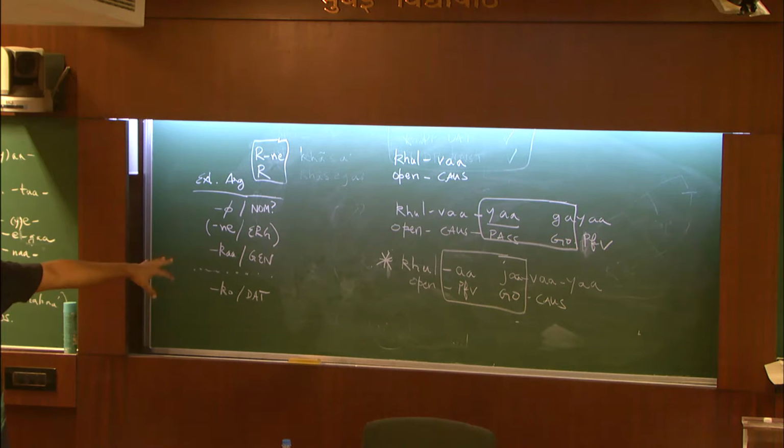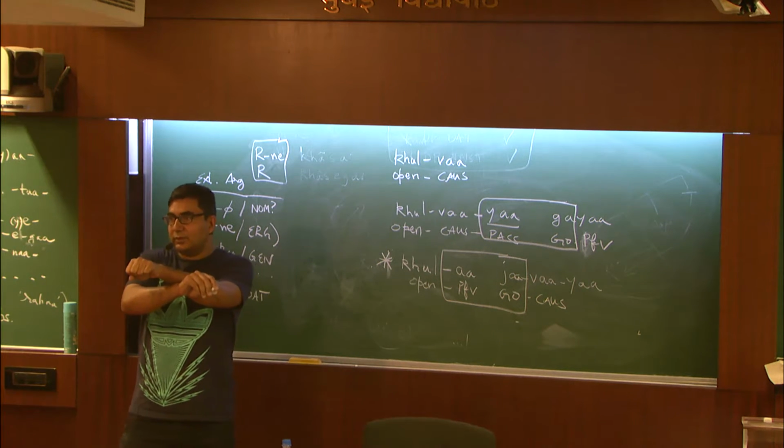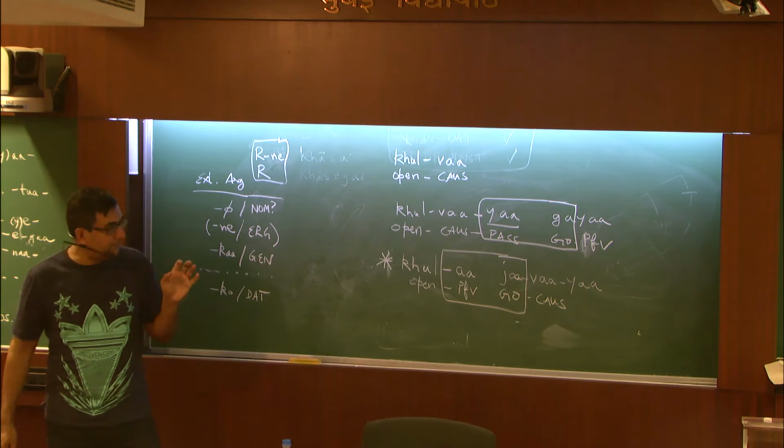Okay, and so again, when you're looking at questions of voice and causativization and passives and so on, think about this. For example, those of you who have a morphological passive, suppose you have a morphological passive and you also have a causative. Does the morphological passive morpheme come closer to the root, or does the causative morpheme come closer to the root? So think about all of these issues.